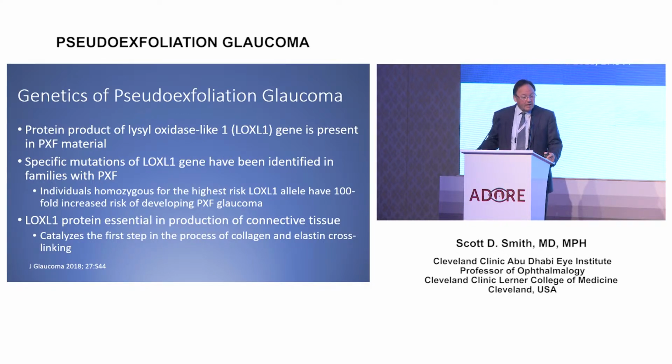Individuals homozygous for the highest risk LOXL1 allele have over 100 times increased risk of developing the disease. It's also known that the protein produced by this gene is essential in the production of connective tissue, as it catalyzes the first step in the process of collagen and elastin cross-linking.